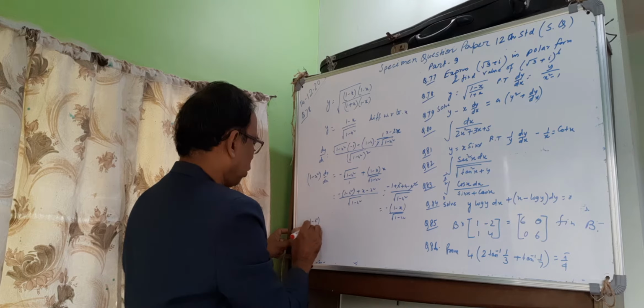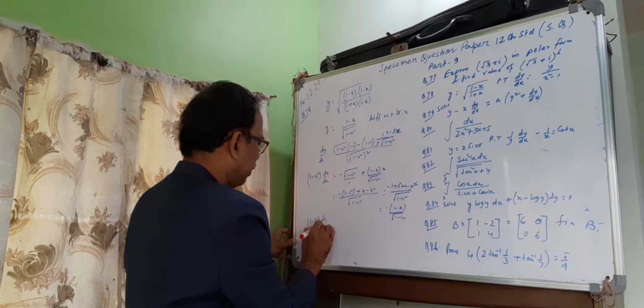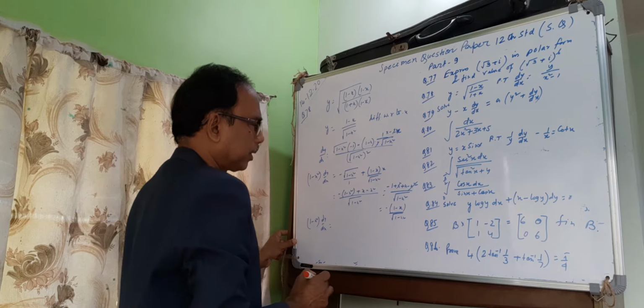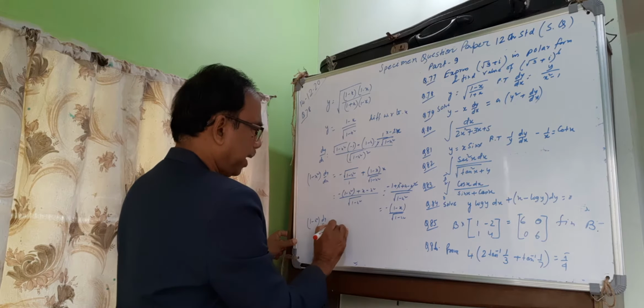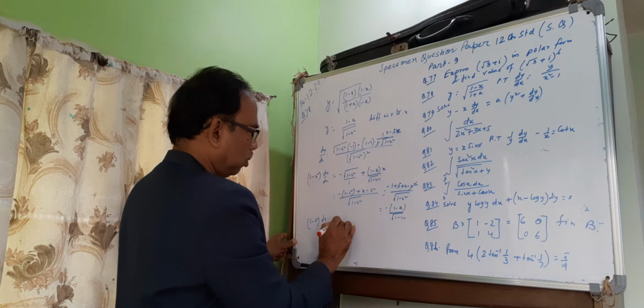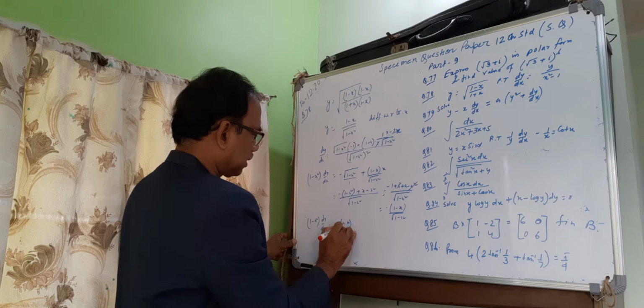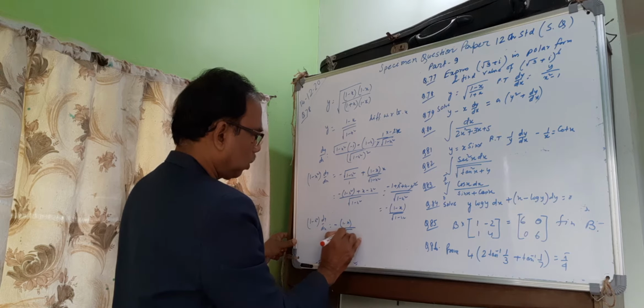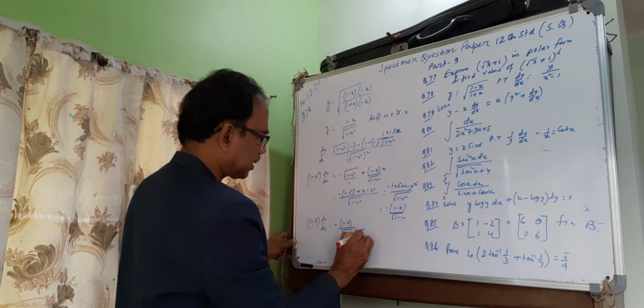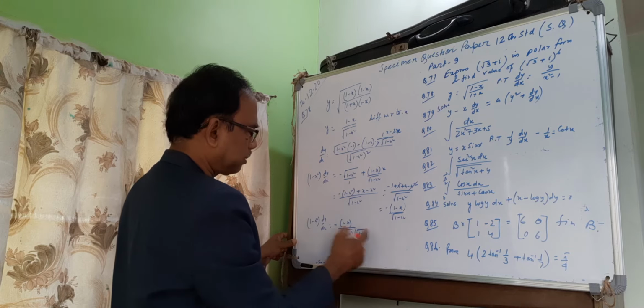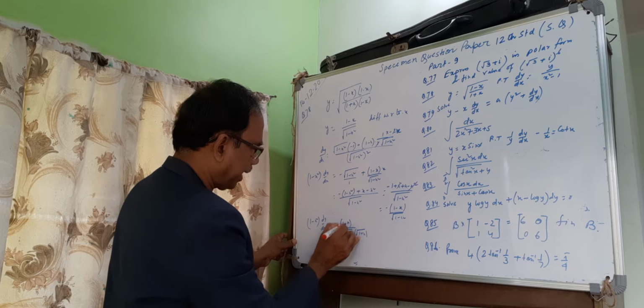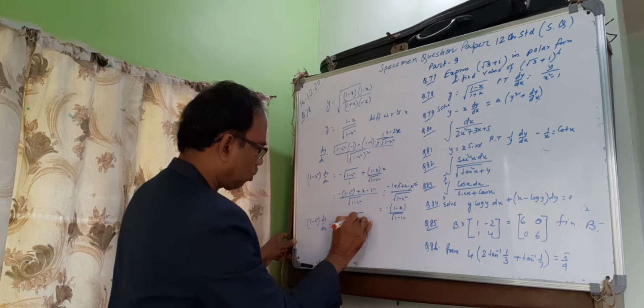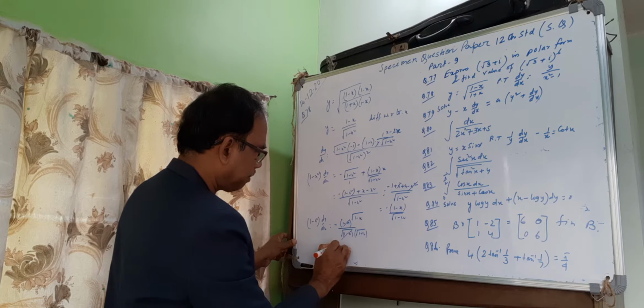So 1 minus x square, dy by dx is minus (1 minus x) by root over 1 minus x into root over 1 plus x. Yes, a square minus b square is (a plus b)(a minus b), and this cancels. There should be root over 1 minus x.